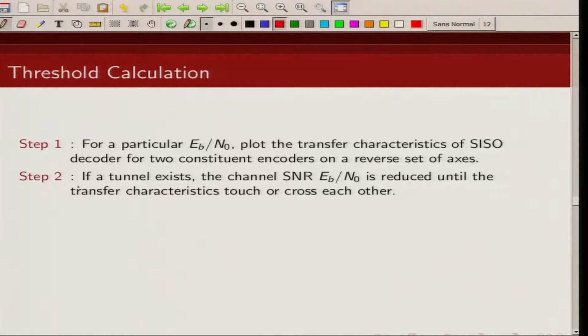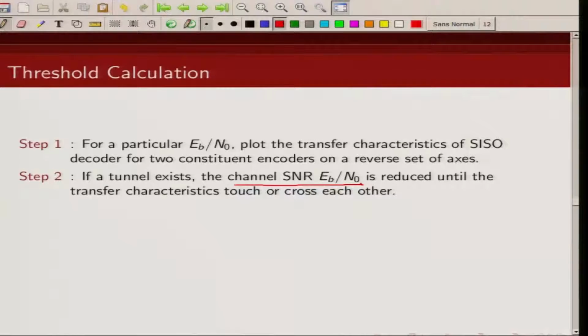Now, if these transfer characteristics do not cross, there is a tunnel, in the sense they do not touch each other, then what we do is the operating channel SNR is reduced until these transfer characteristics just about touch.